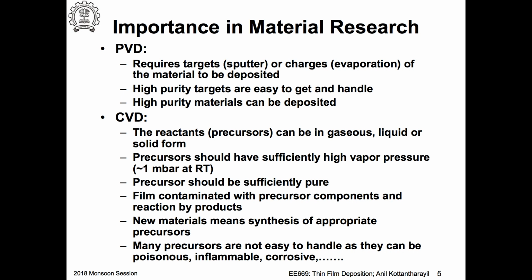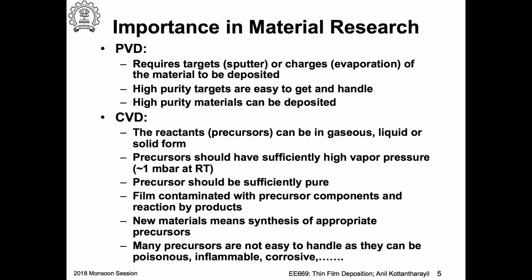And this is bought from ICICI Bank in Hiranandani. So, you can get them. Some of them are expensive, like platinum, which can be quite expensive. But as a consequence, if you have high purity targets, you can actually deposit very high purity films.